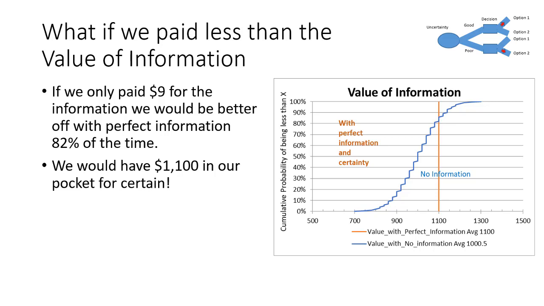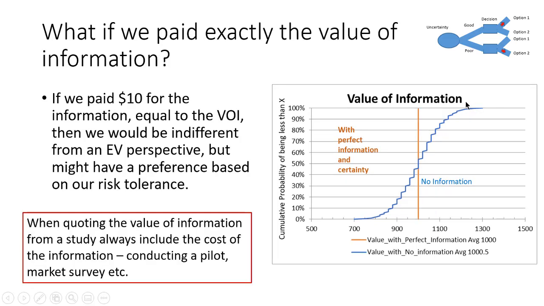Or said another way, there's only an 18% chance of being better off by picking the envelopes and not getting the information. And of course, if we paid $10, that's the value of the information at no cost, then we'd be indifferent from an EV perspective, but might have a preference based on our risk preferences.